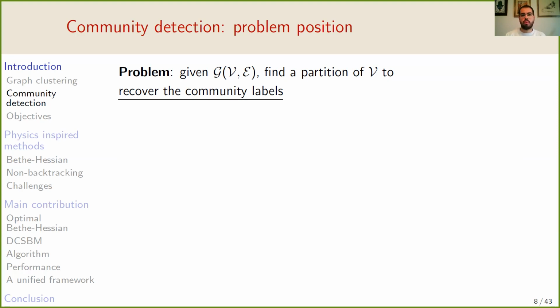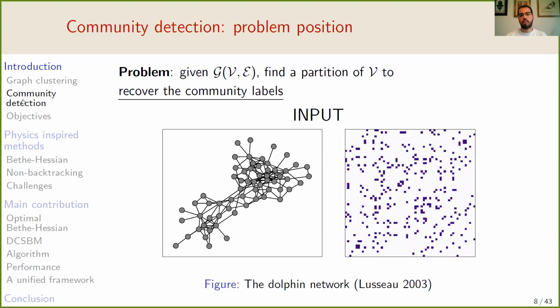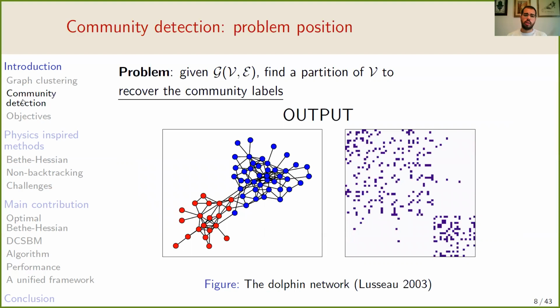So this is the problem of community detection 101. The input is the graph or its adjacency matrix representation on the right, where each purple dot represents a 1 and each white dot represents a 0. And the solution is the one I show in this slide. So each node has a color code, which is the community label.